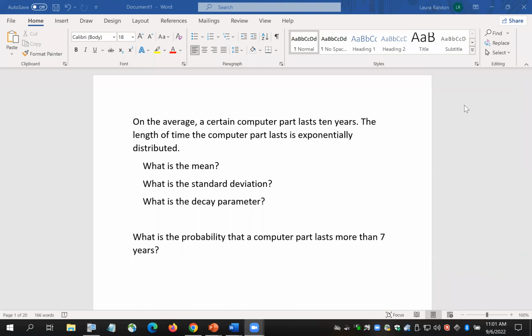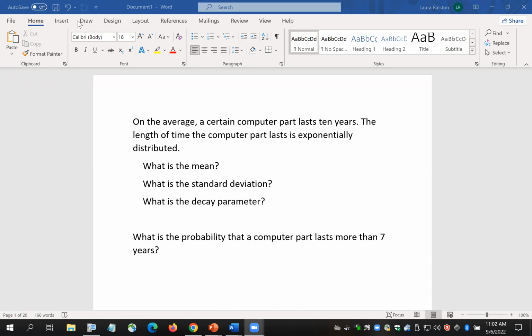So the question that we were looking at, again, we were focusing on the exponential distribution. And the example we were looking at said, on the average, a certain computer part lasts 10 years. The length of time the computer part lasts is exponentially distributed. And then it asks you some preliminary questions about what is the mean, the standard deviation, and the decay parameter for that problem.